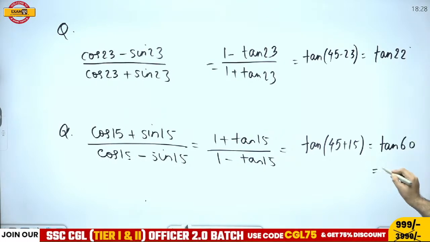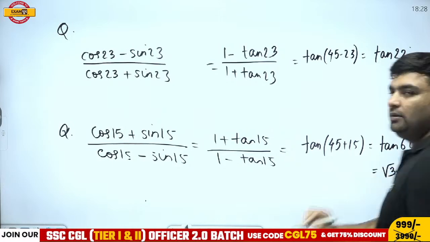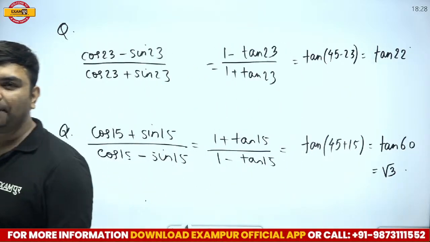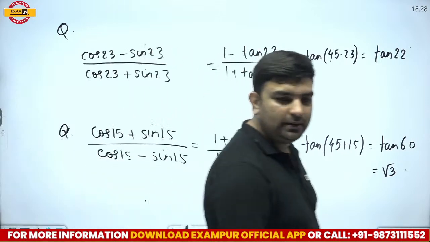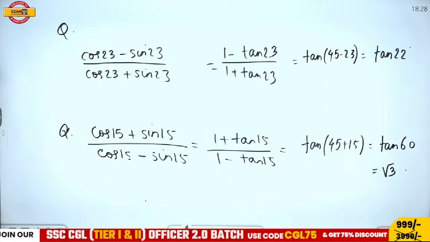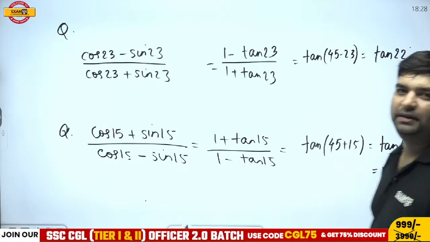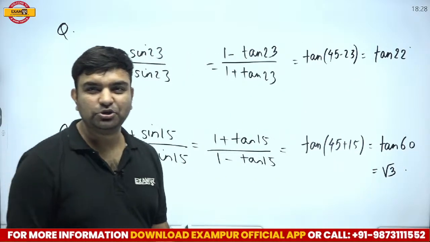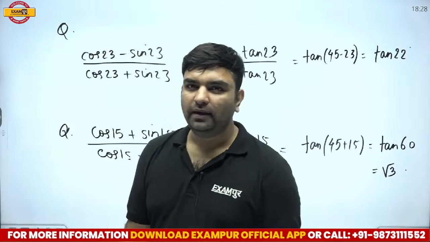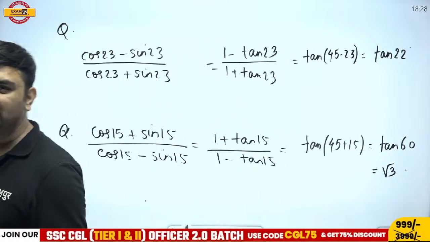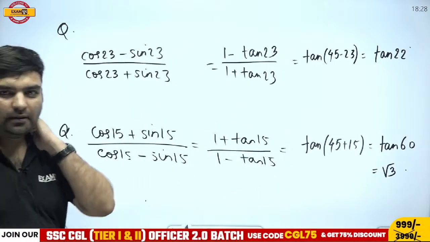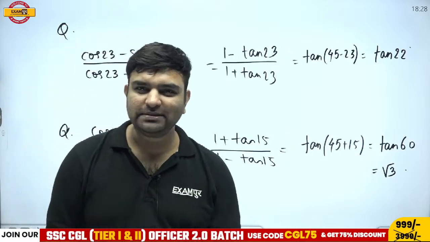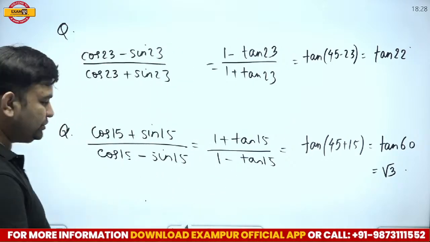Tan 60 is root 3. So one logic built, guys. One logic built completely. Well done, Anupam. Well done, Rashmi, Prajwal, Gopi, and everyone else. So now no one can stop us in this portion.